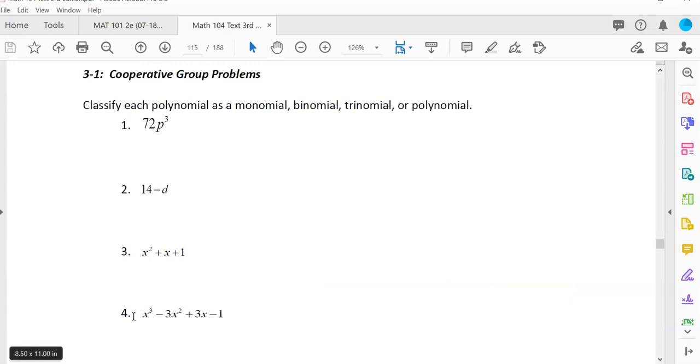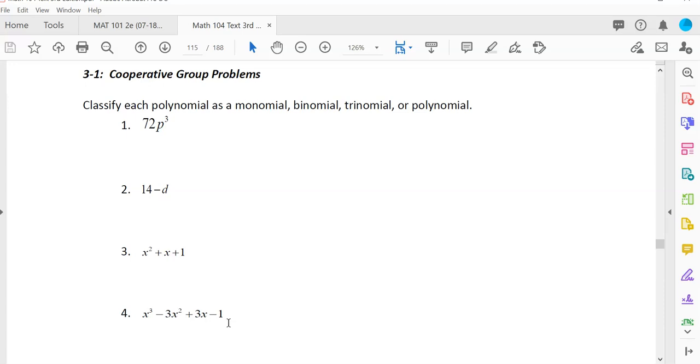So like when we dealt with 3.1 part B, when we started with x to the third minus 3x squared plus 3x minus 1, notice that this term was degree 3, this term was degree 2, this term was degree 1, and this term was degree 0.